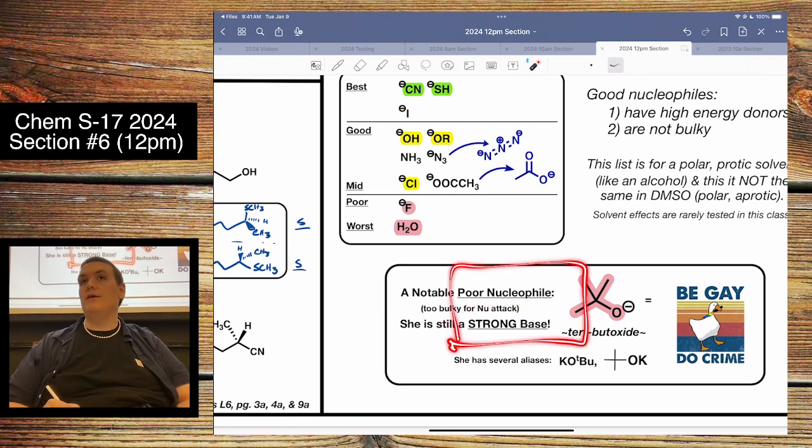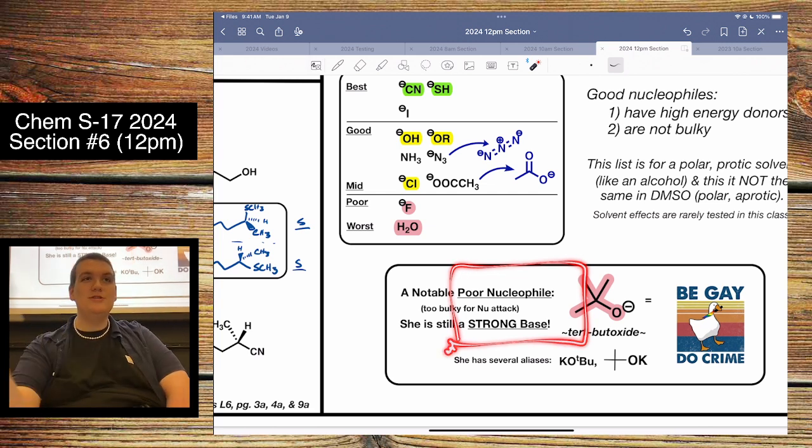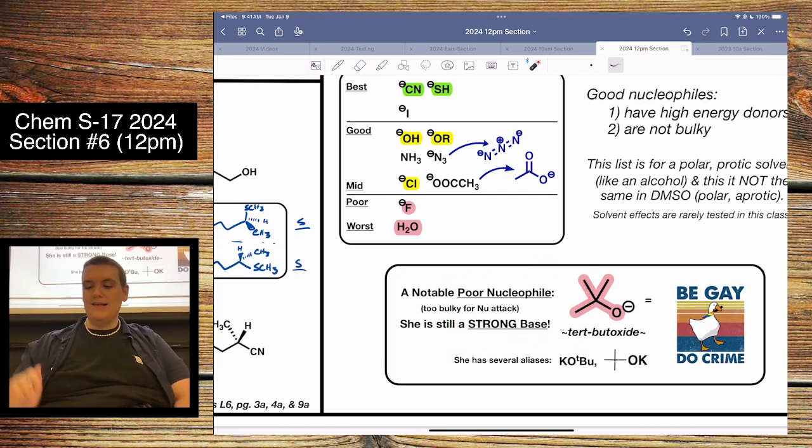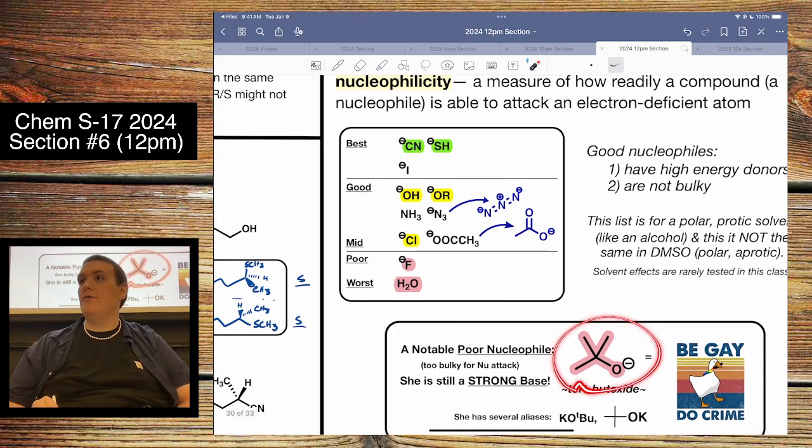This is one of the only ones in this class that we will teach you about that is a poor nucleophile but still a strong base. I don't want to get too much into the details of this, but this has to do with the deeper idea that being a nucleophile is a kinetic term. So it depends on the speed of a reaction. And here, this is going to slow down the speed of the reaction, so it's not going to be as good of a nucleophile.